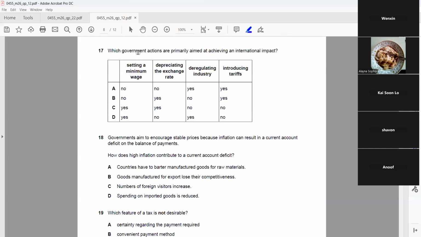Number 17, which government actions are primarily aimed at achieving an international impact? Which of the following can have international impacts that relate to, for example, international trade? Wenxin, just now you didn't give me your answer, so I would like you to give me your answer.